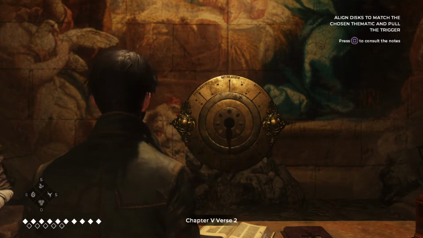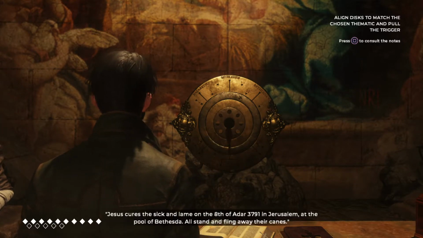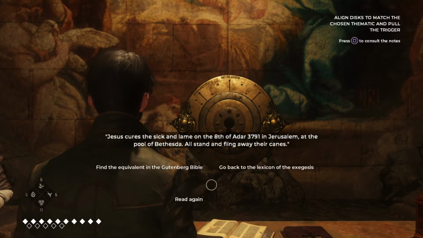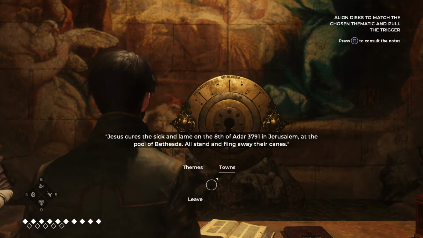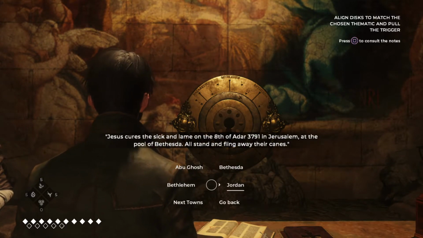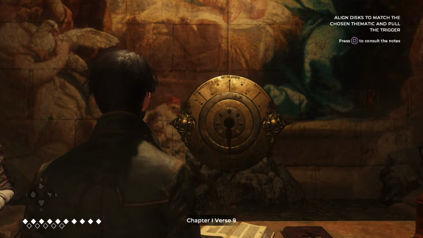Chapter 5, verse 2. Jesus cures the sick and lame on the 8th of Adar, 3791, in Jerusalem, at the pool of Bethesda. All stand and fling away their canes. Okay, we can ignore that then. Chapter 1, verse 9.